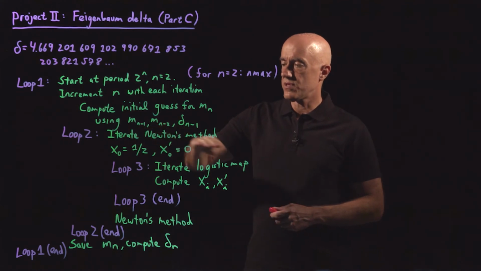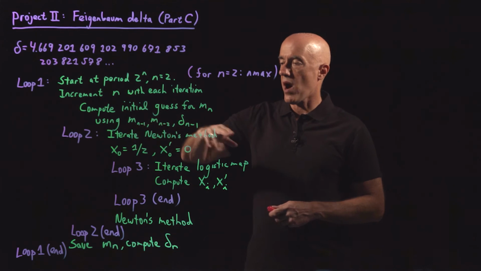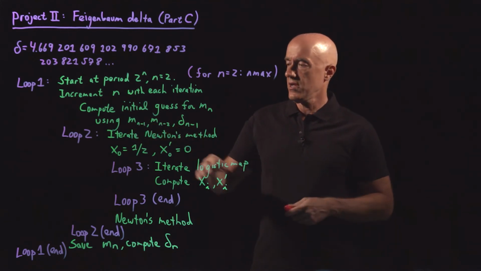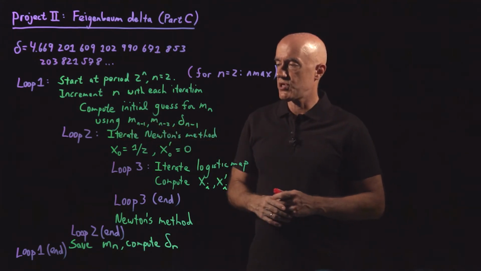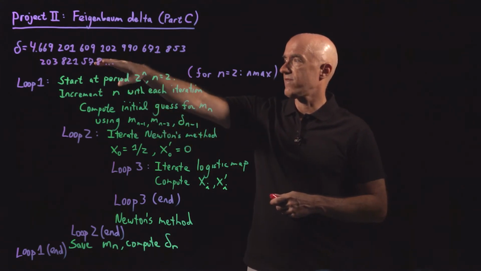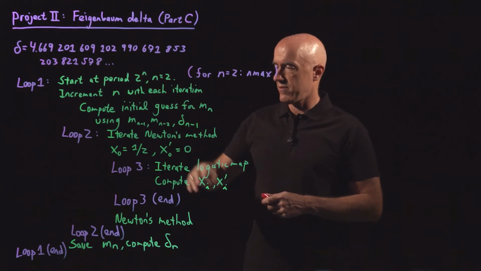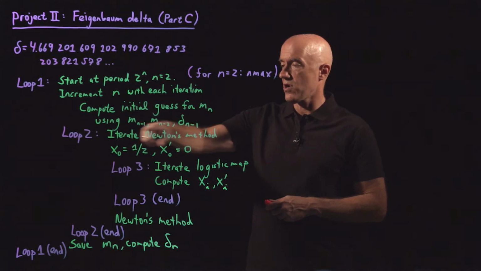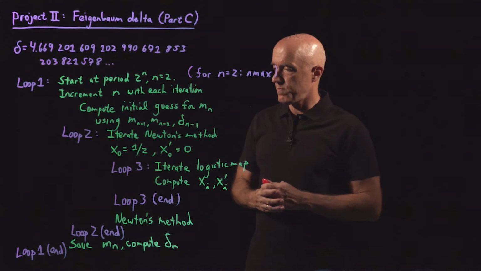You can iterate Newton's method a fixed number of times, or you can use a while loop and stop your iteration when you've converged to somewhere close to machine epsilon. Delta is around 4, so it's 4 times machine epsilon, somewhere around there. So either do a for loop with a fixed number of iterations or a while loop here.